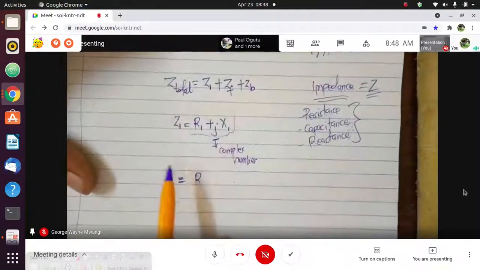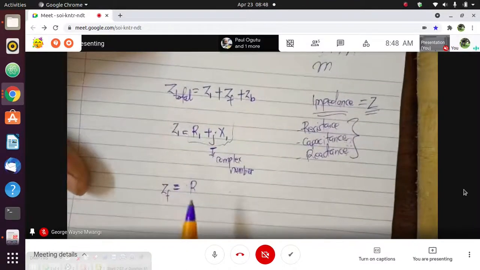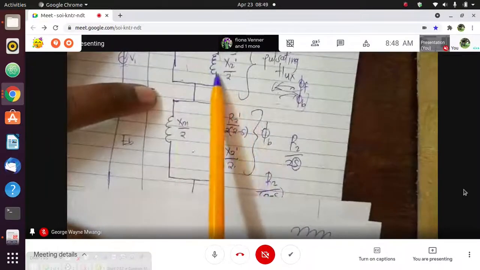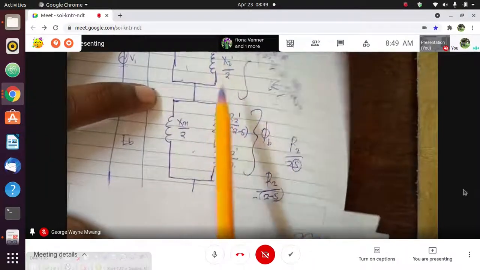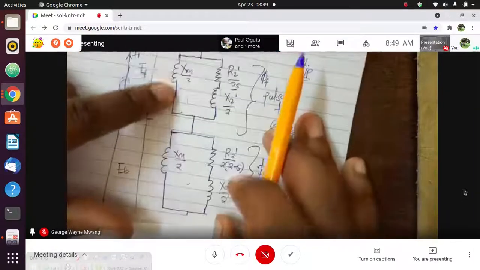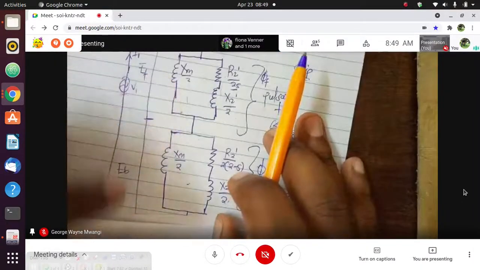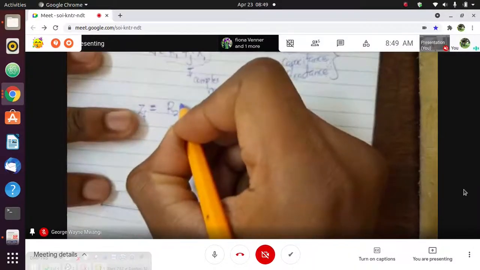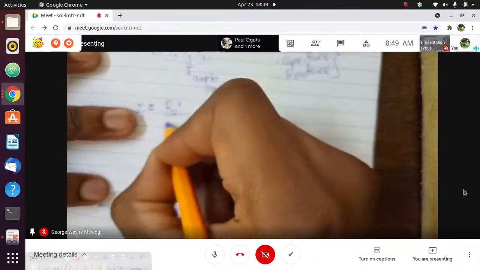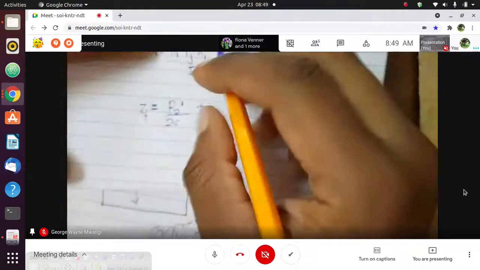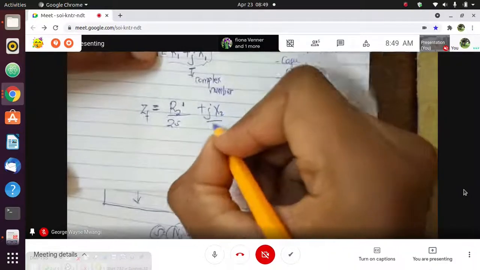Now, the impedance because of the forward moving field will be found from the resistances in this circuit. We will first compute the resistances in series, and then we compute the resistances in parallel. The impedance in series will be R2 prime over 2s plus j X2 over 2.